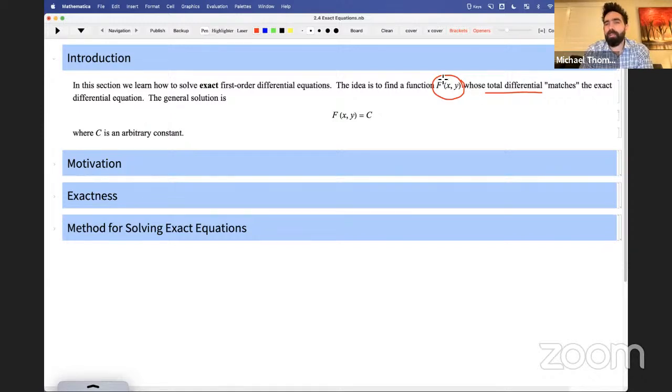But I will tell you this, once you find that function F here, you're going to set F equal to C. And once you set F equal to C, this is going to be the general solution to your differential equation. And it's going to be implicit, right? Because y is not solved for. You can make it explicit by solving for y if you like.